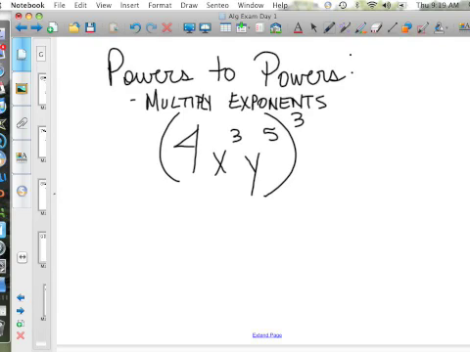Let's do this and then I'll write that down. Maybe it'll help you to remember. Now for the coefficient, you've actually got to cube 4. And that's not 4 times 3. It's 4 times 4 times 4. But for x cubed, we're simply going to multiply those exponents together to get x to the 9th, y to the 15th.